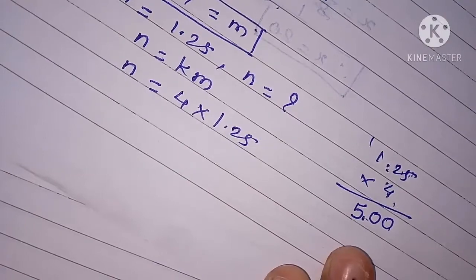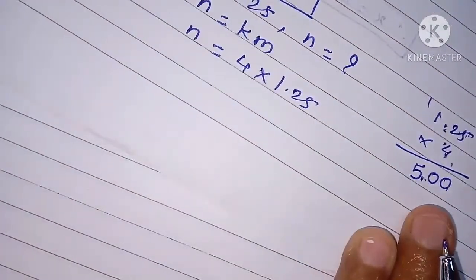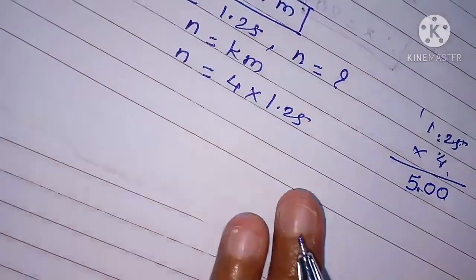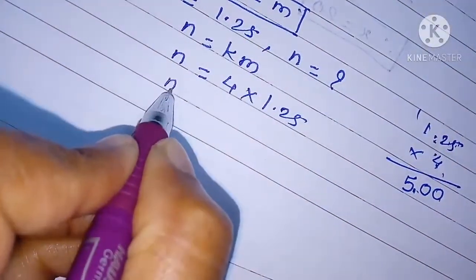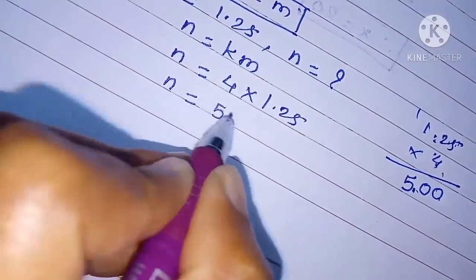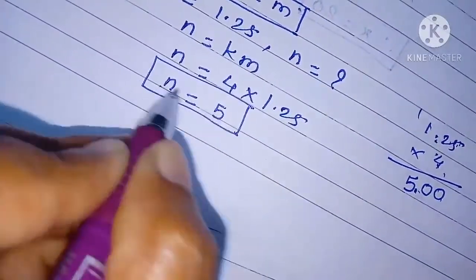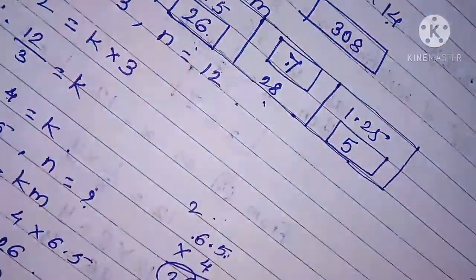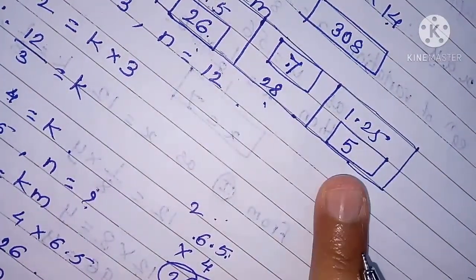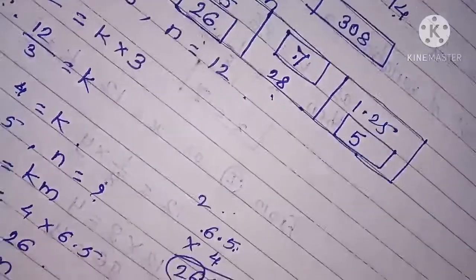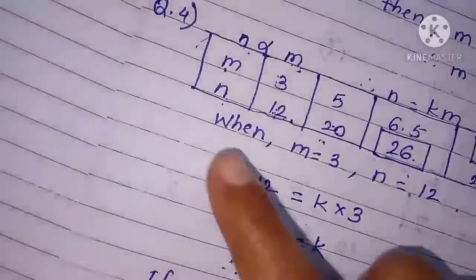No, it's not so difficult. For every type of children, I am going to show how the answer is coming. Some children find the answer directly, no problem. They are very clever children. So n is equal to 5. So here you have to write 5. 4 times 1.25 means 5. Okay. This is all about question number 4.